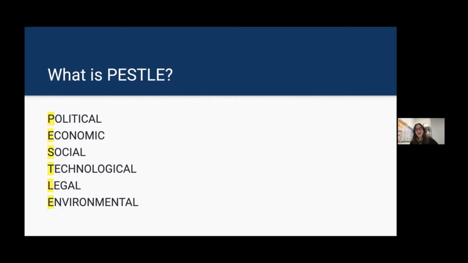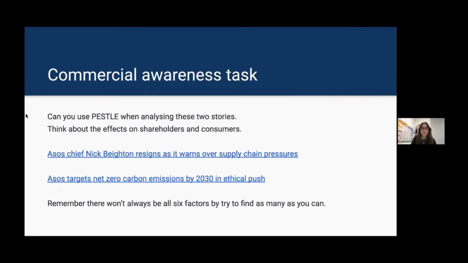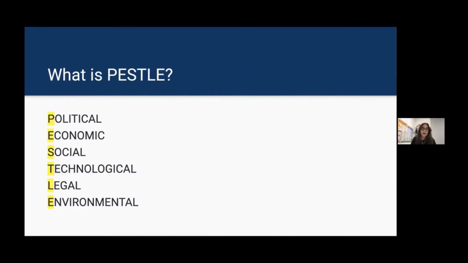With the technology point, I was thinking less of issues with supply chain, and more of ASOS as an online brand, and how environmental issues may reflect on that. Because they're an online brand and people can't go in store, supply chain is a bigger issue for them.